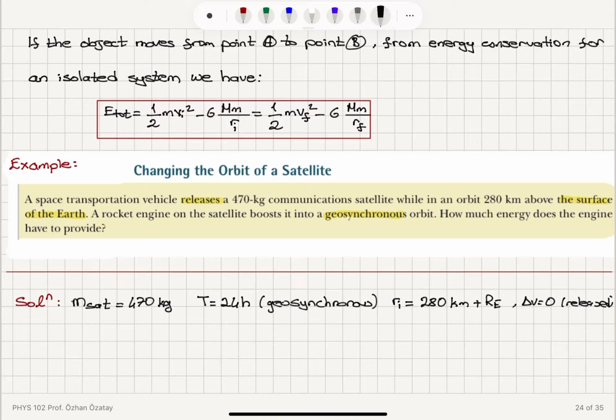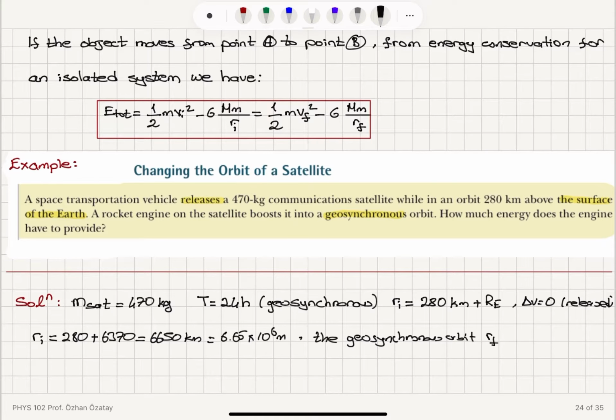All right. So our initial orbit is at a distance 280 plus 6,370, which is equal to 6,650 kilometers from the center of the Earth. That is 6.65 times 10 to the 6 meters. Now, the geosynchronous orbit will have a final distance from the center of the Earth, r final.